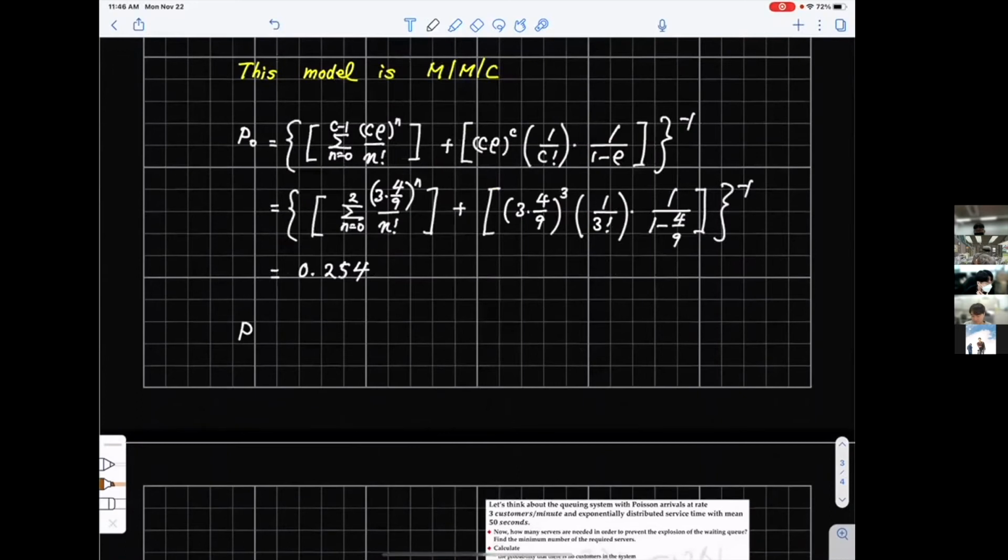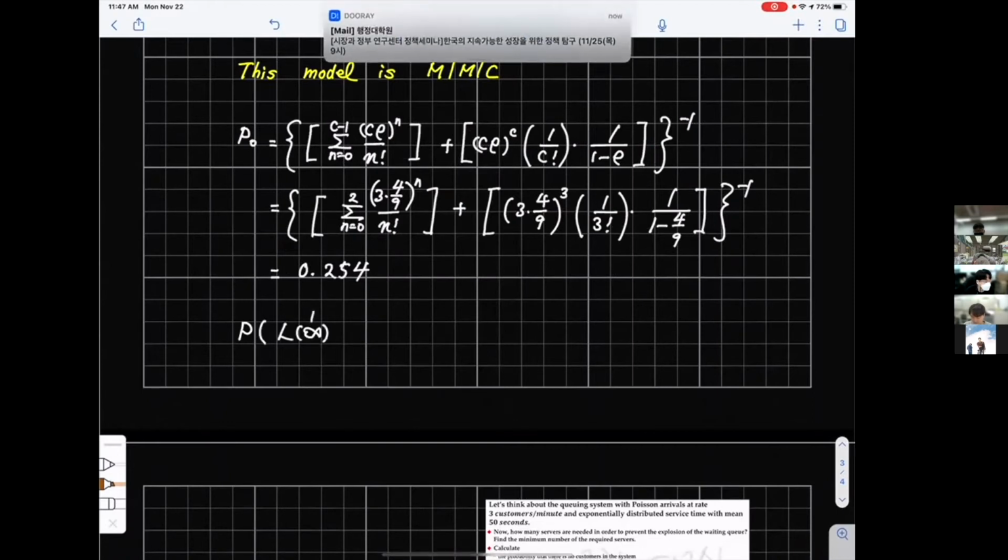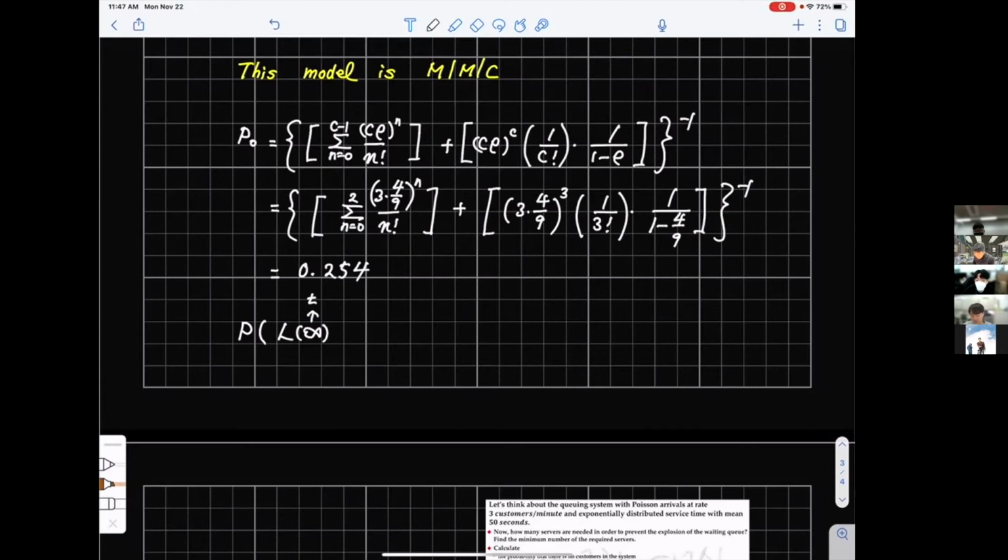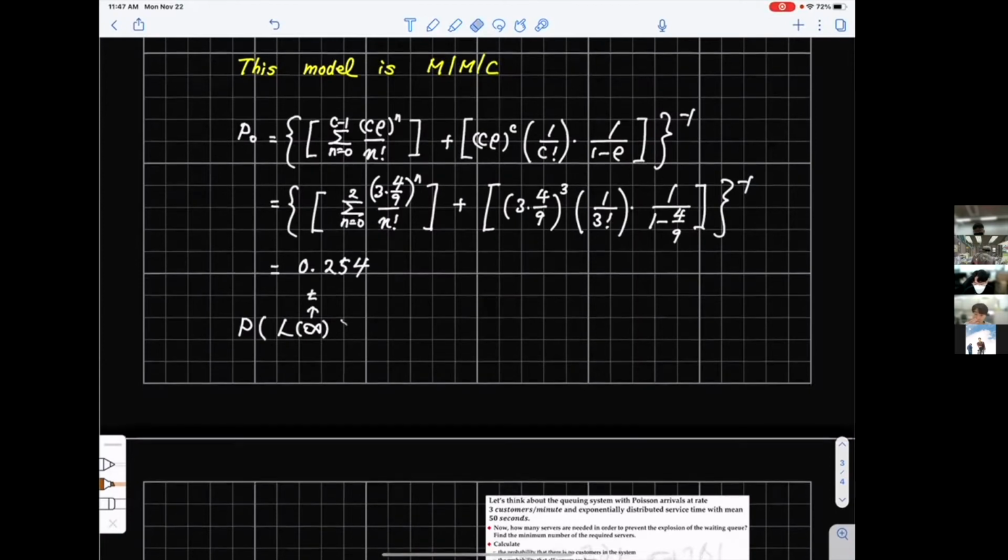After this, we need to calculate P. Here, infinity means time, and implicitly this means the long-term average. And this has to be over 3 in this problem.